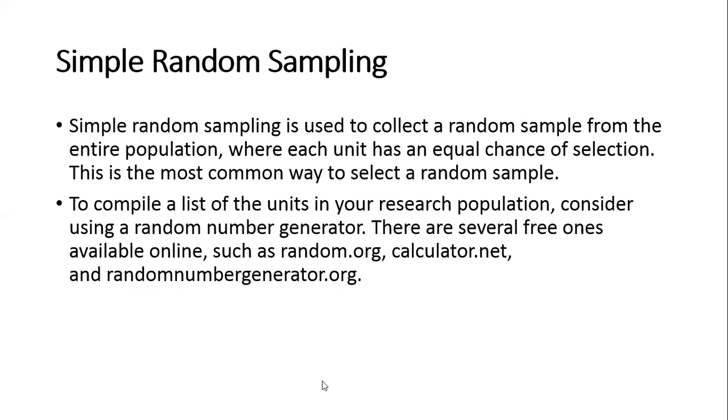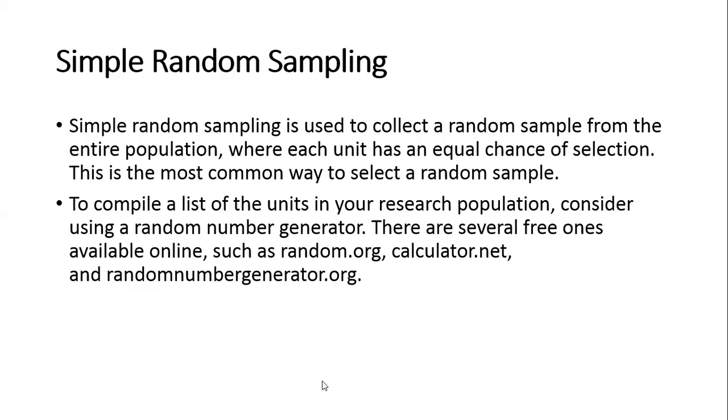So sampling is the process of drawing a sample from a population using various statistical methods. It is the process of using various tools and techniques in collecting samples from a population.